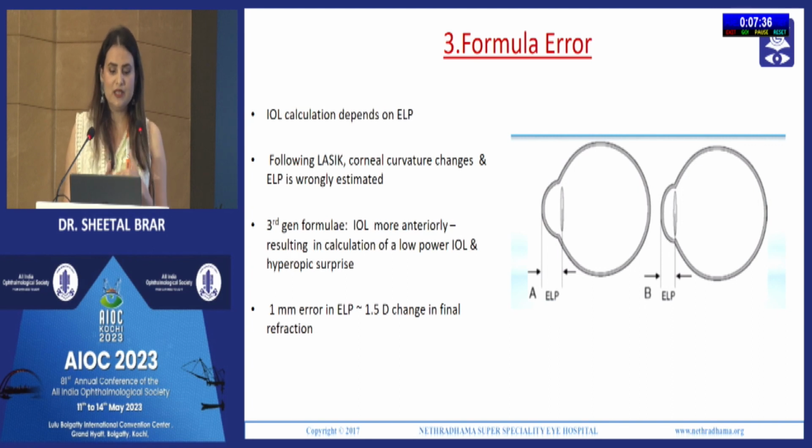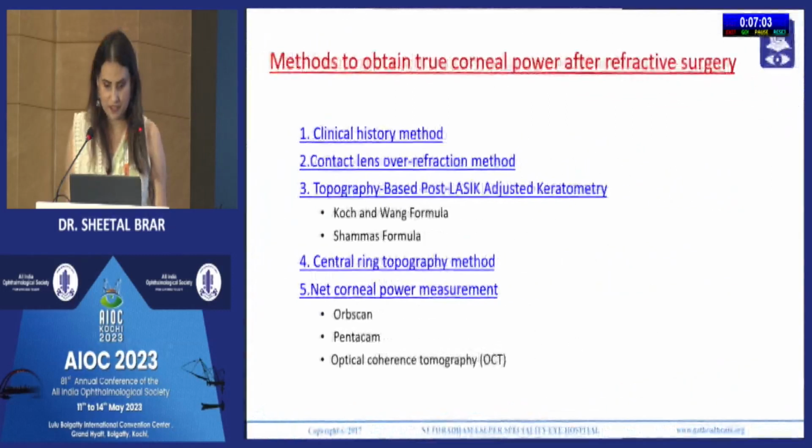The ELP in these formulae is dependent upon the change in the curvature, and also on the axial length. Since the curvature flattens, these formulae estimate the position of the IOL much more anteriorly, and hence they suggest a lower powered lens, which leads to hyperopic surprise. It has been found that 1 millimeter of error in effective lens position can result in up to 1.5 diopters of change in the final refraction.